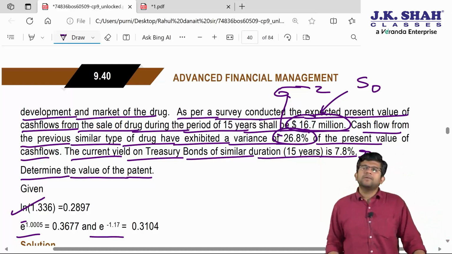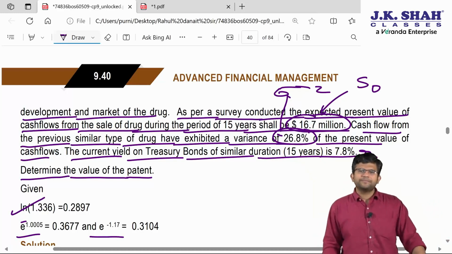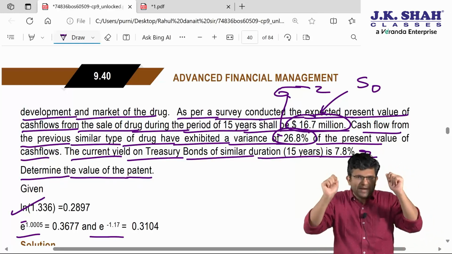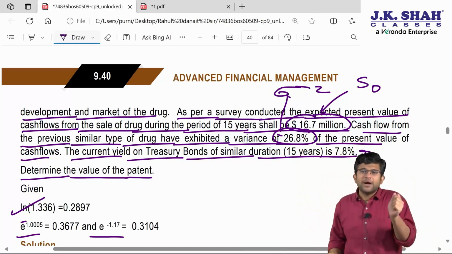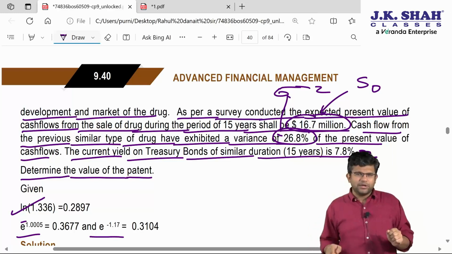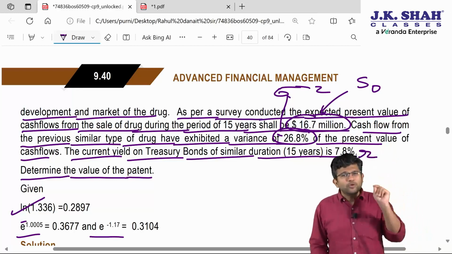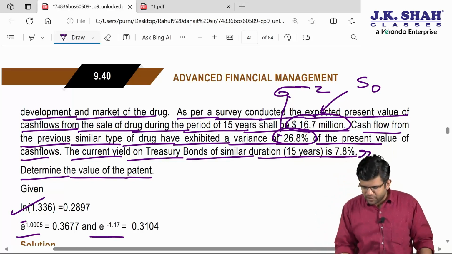But that income which was given to you in that question was income expressed in amount terms, in rupee terms, in dollar terms. It was not expressed to you in percentage terms, in rate terms, in yield terms. No, it was given to you in rupee terms. So if rupee terms was given, what we used to do?